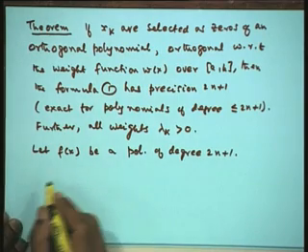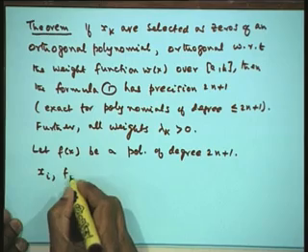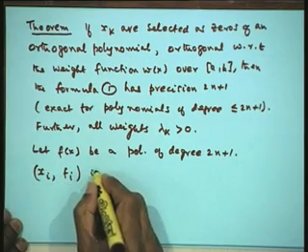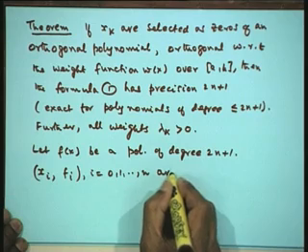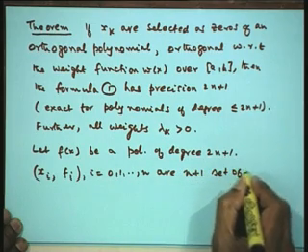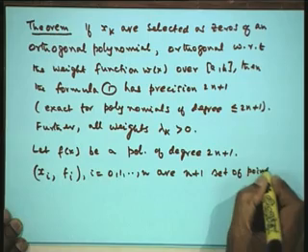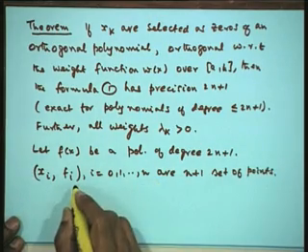Now, x_k and f(x_k) are unknown. So, let us take this as our data points, i equal to 0, 1, ..., n, or n plus 1 set of points. I am taking the abscissas and the corresponding ordinates.